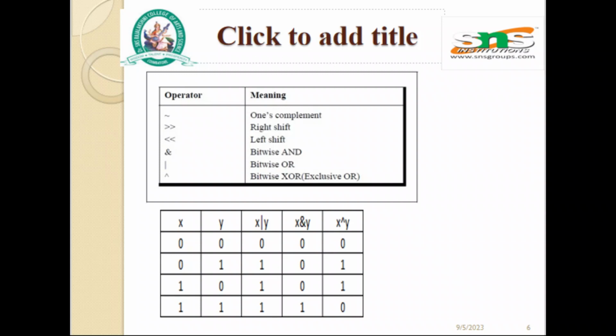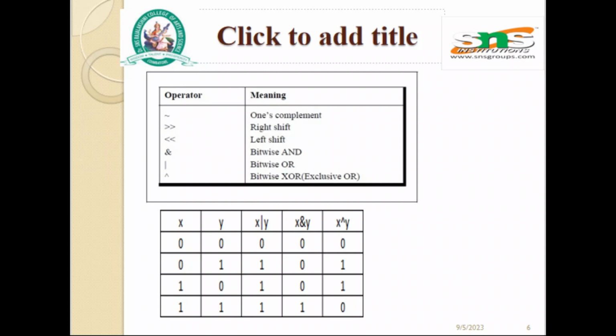If x and y are both false, then x AND y gives 0, that is 0 and 0 gives 0. Similarly, 1 and 0 gives 0, and 1 and 1 gives 1. For addition, 1 plus 1 is 10, which is represented as 0 with a carry.